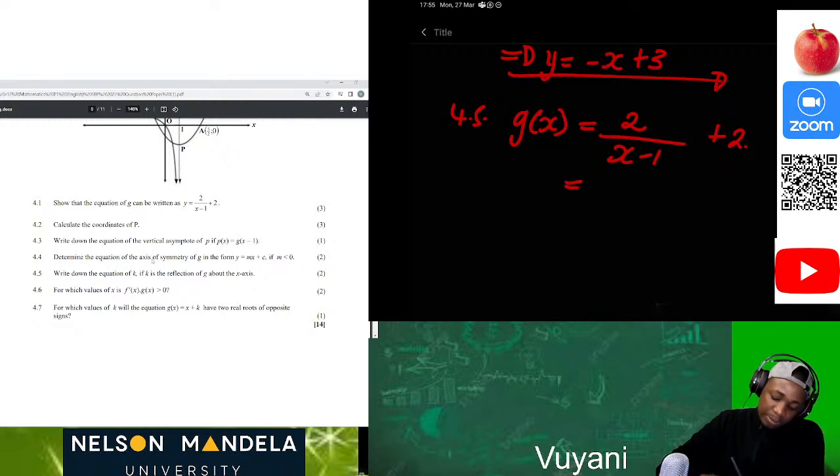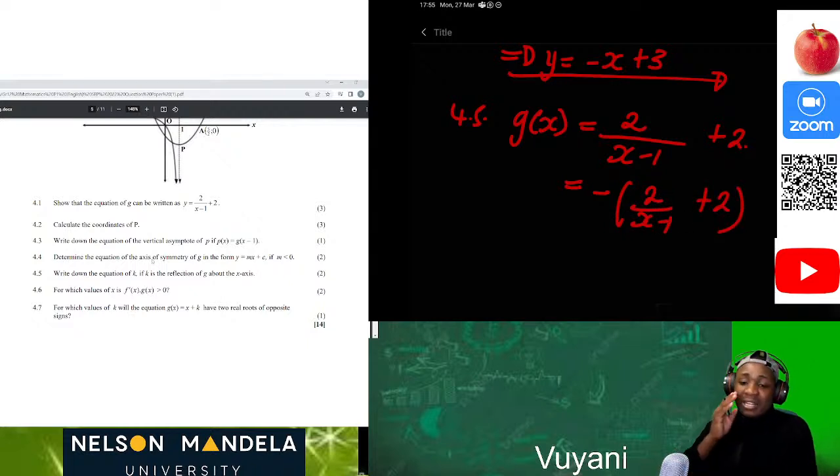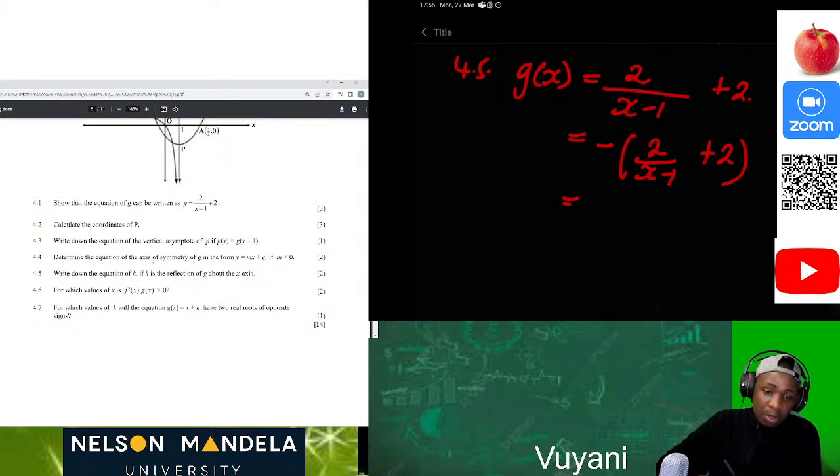So we are multiplying the whole graph by -1 since it has been reflected about the x-axis. So now we have our equation of k. Let's just say k of x is equal to -2 over x minus 1 minus 2.